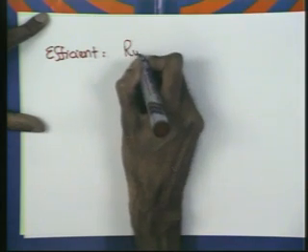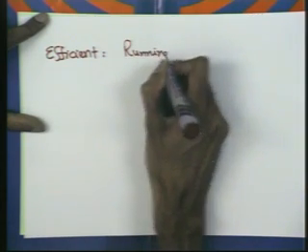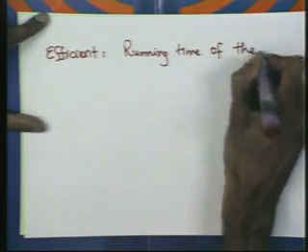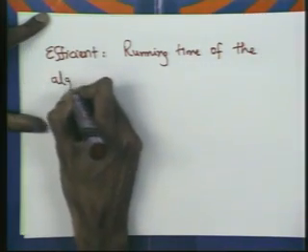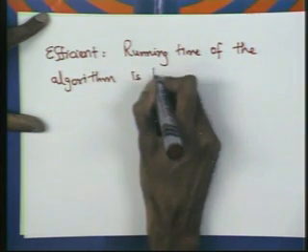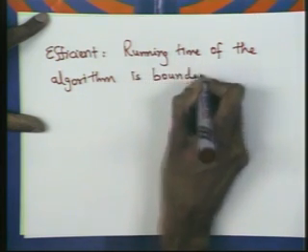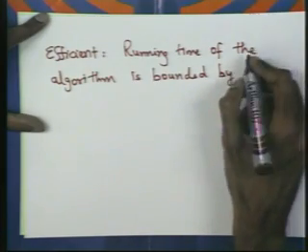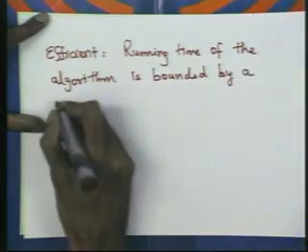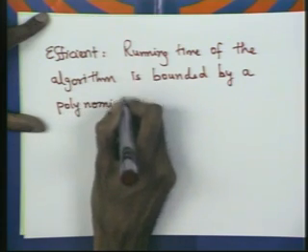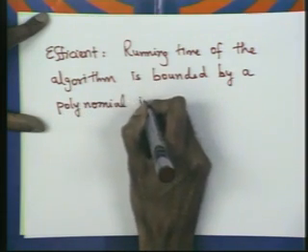For us it would mean this: the running time of the algorithm is bounded by a polynomial in the input size.